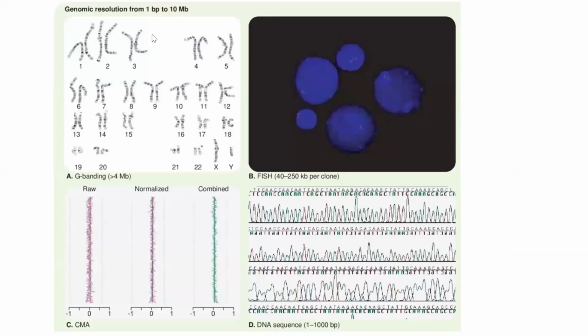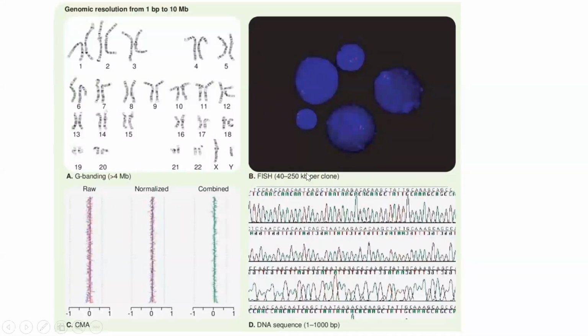So these are the levels of information when you are trying to look for a disease, particularly CML, under the microscope. Cytogenetics is the crudest version, where by doing G banding, you are trying to look at greater than 4 into 10 to the power of 6 alphabets. These little bands, each is a DNA segment of that long.